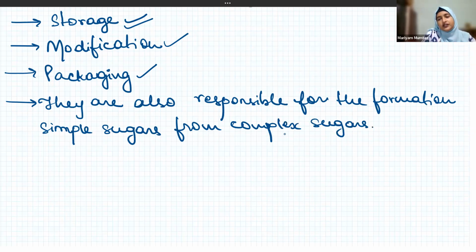So the complex sugars are turned into simple sugars, and this is done by the Golgi apparatus. Clear?